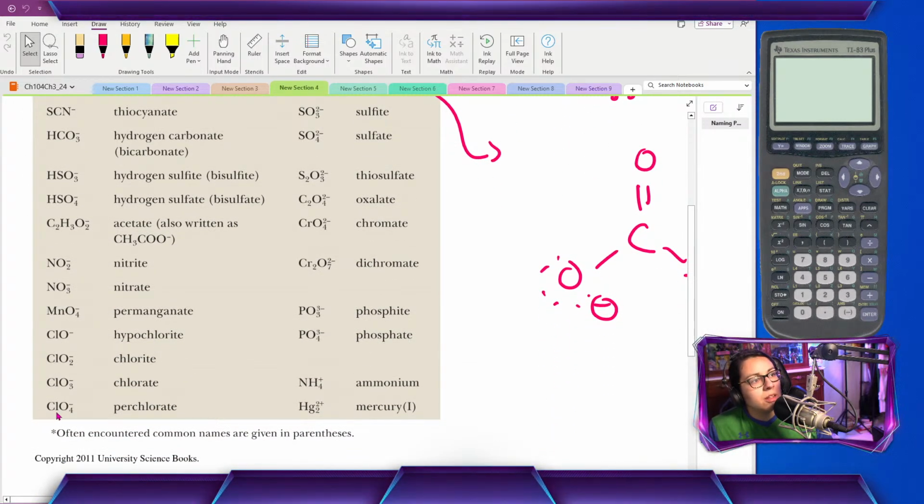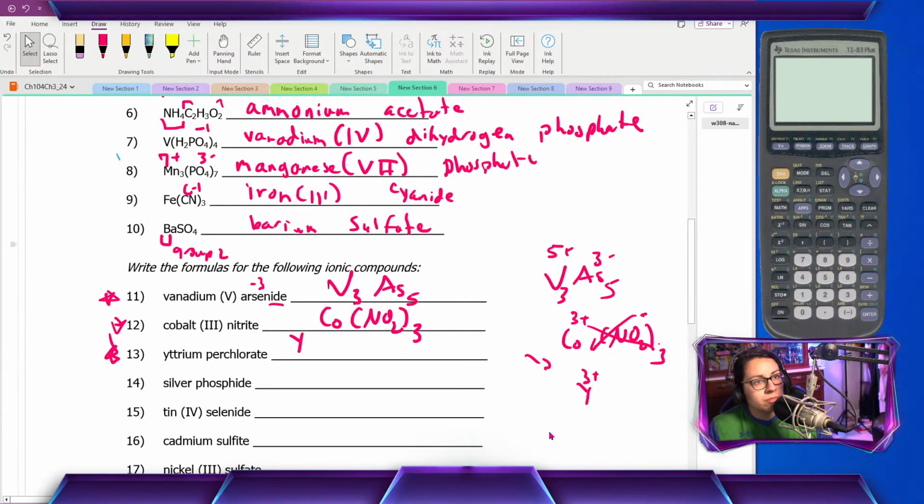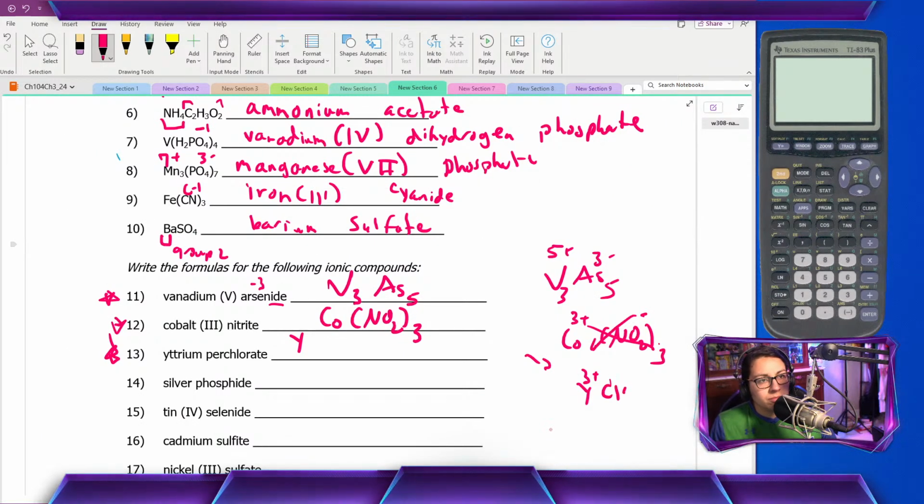So ClO4 -1. And now again, just swap trick. So we need 3 equivalents of perchlorate to balance out our yttrium. Does that make sense to people?